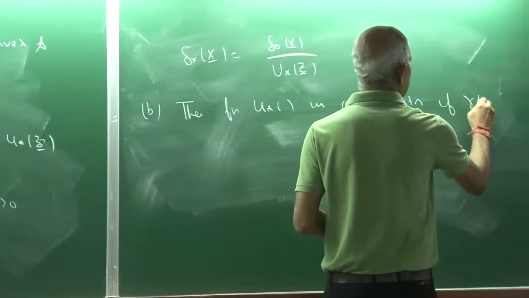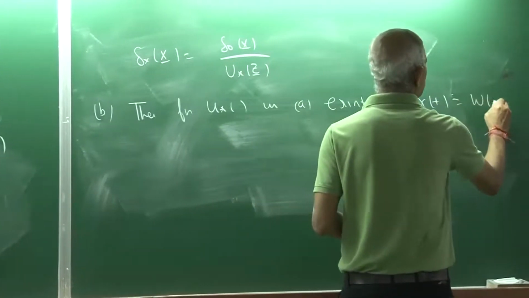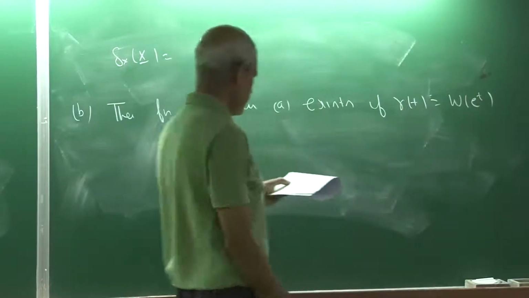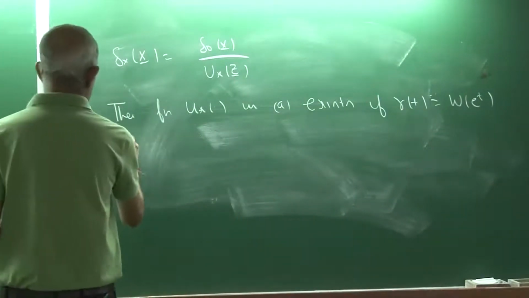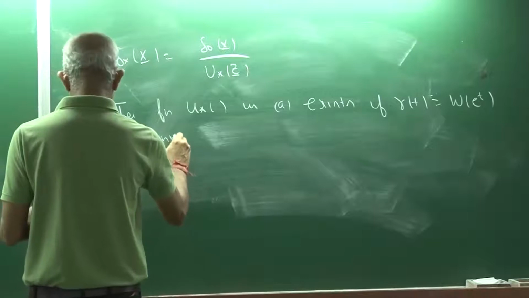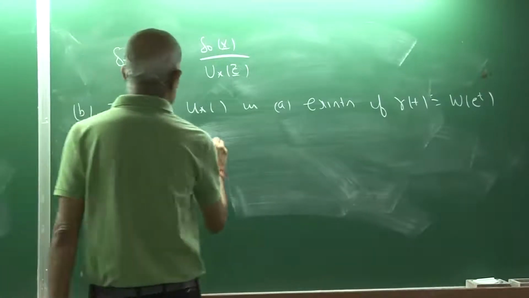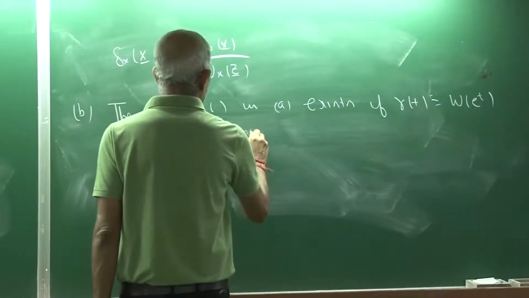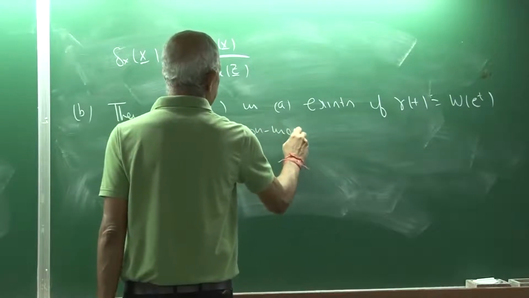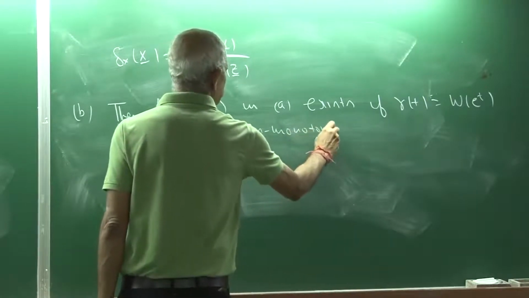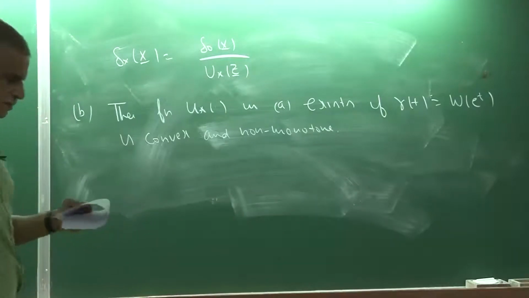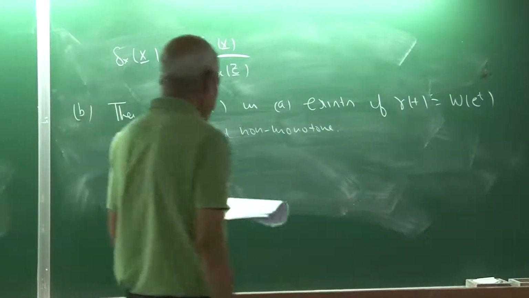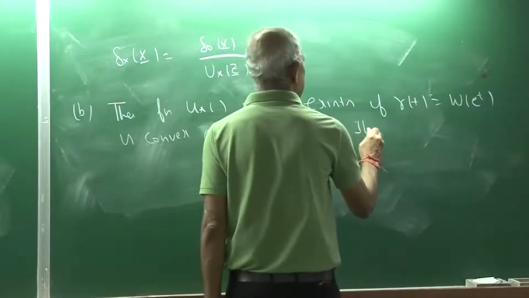if R t, which is W of e to power t, is convex and non-monotone. It is unique if R t is strictly convex.